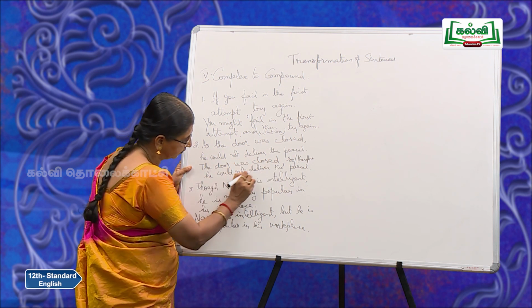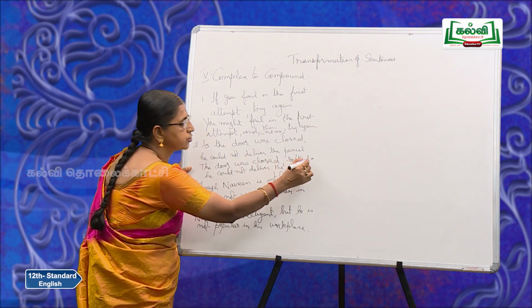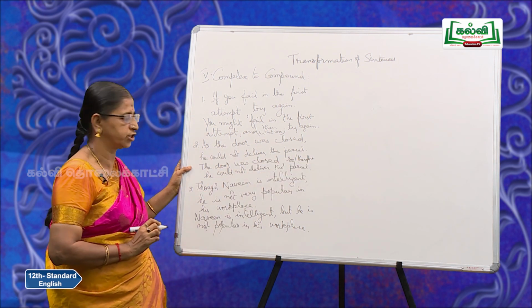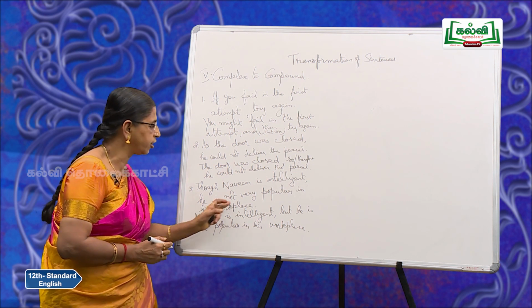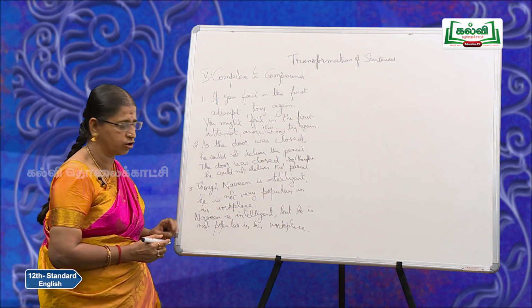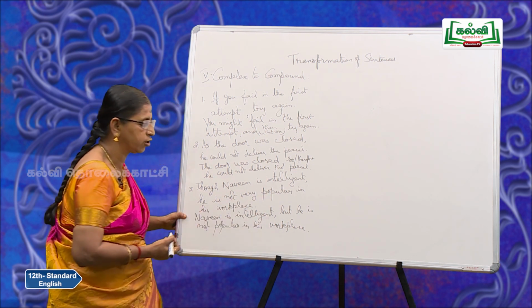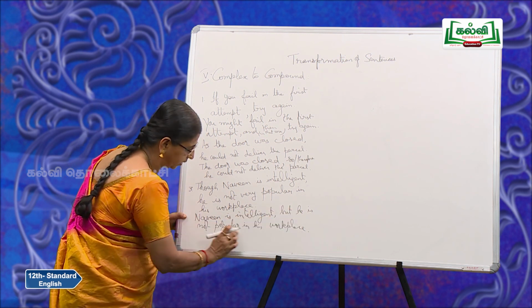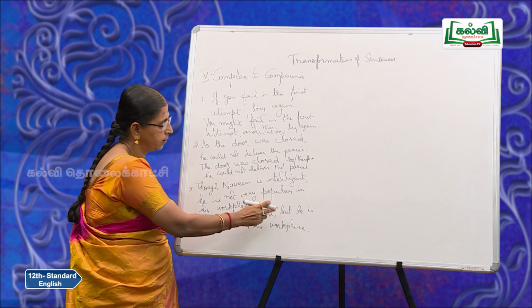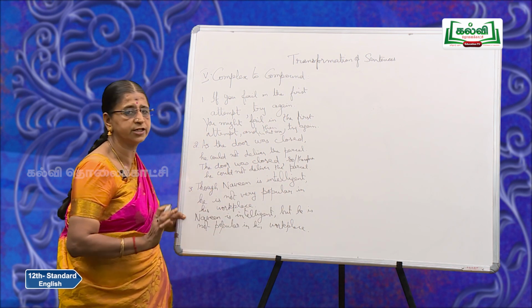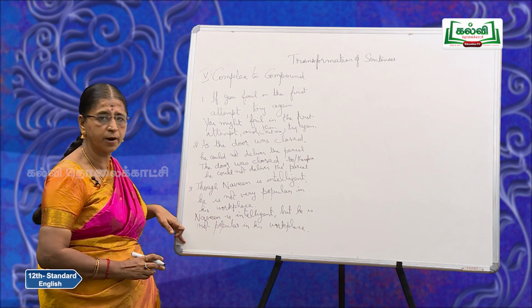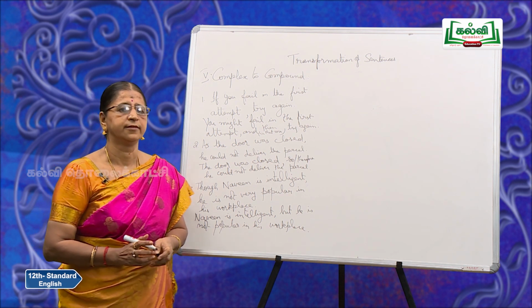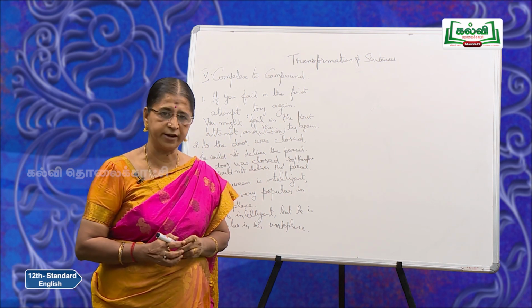So, he could not deliver the parcel is your main clause 2, so or therefore is your conjunction. Though Naveen is intelligent, subordinate clause, he is not very popular in his workplace, main clause. Naveen is intelligent, main clause 1, he is not popular in his workplace, main clause 2, but or yet or still is your conjunction. So, complex sentences have been converted into the compound sentences. So, this is how you do the transformation.